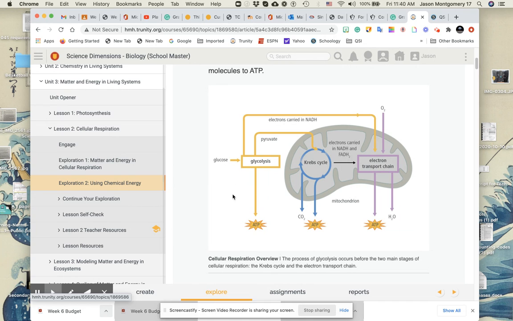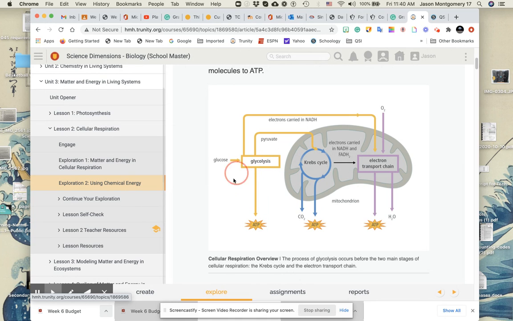All right, so moving down here, this is a really important diagram. Now, when glucose comes into the cell, it goes across the cellular membrane. It's out in the cytoplasm, right? And in the cytoplasm, the first part of cellular respiration takes place, which is called glycolysis.